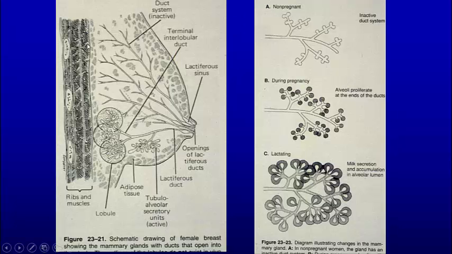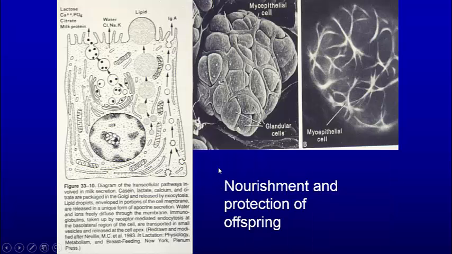Here we see the mammary gland with the secretory units in through there, and then you have these ducts. Ultimately several ducts come out here, and here we can see the inactive one with early proliferation, and then the one with secretion with milk in it itself. So this is the main milk-producing cell.